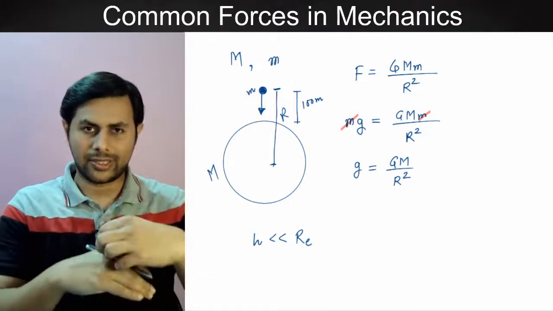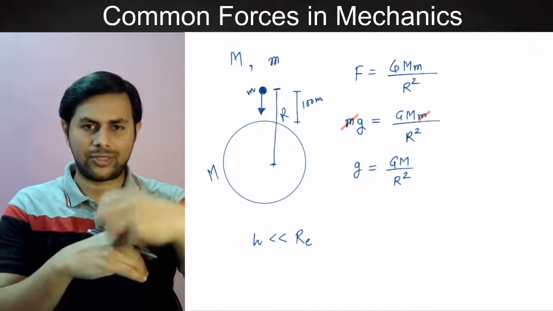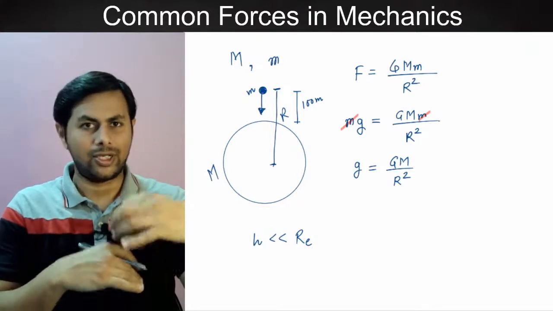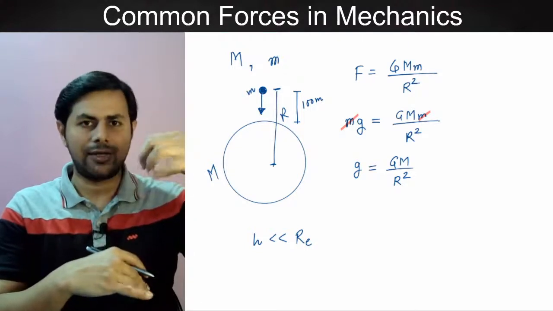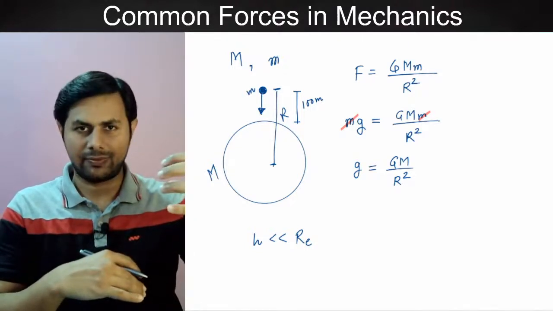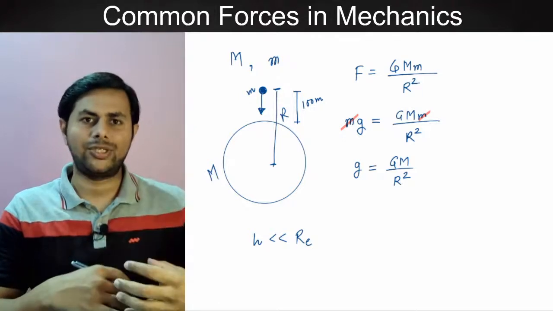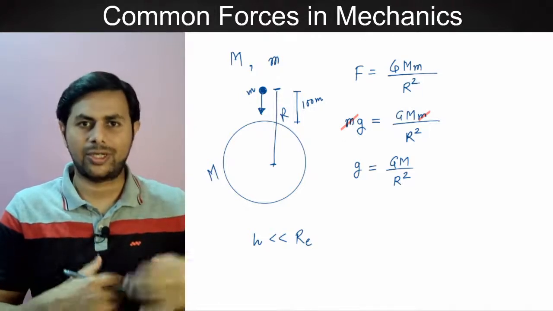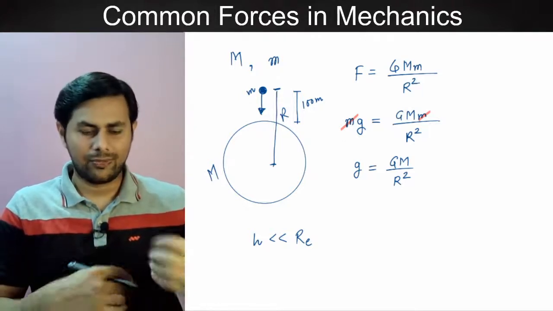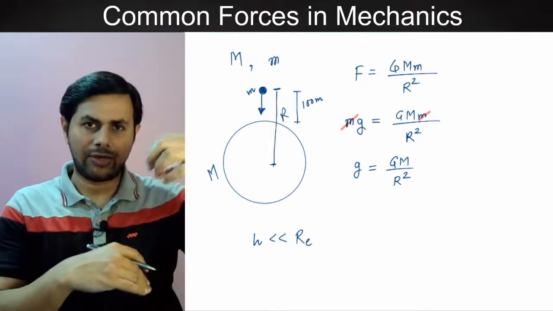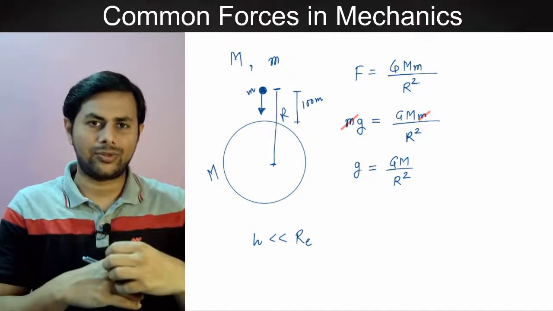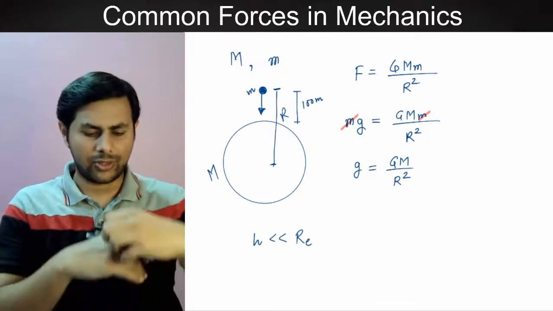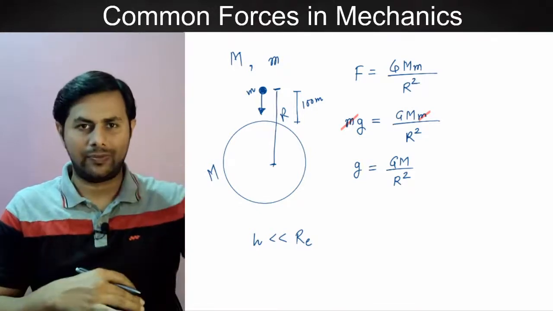On earth's surface the distance between that stone and the center of earth is small compared to when we take that stone to a height of, let's say, 100 meters. Acceleration due to gravity is inversely proportional to r squared, so the acceleration due to gravity at that height will be smaller compared to what? The acceleration due to gravity on earth's surface, because we are taking that object away.